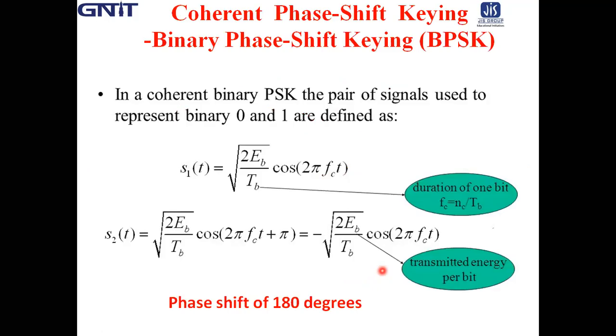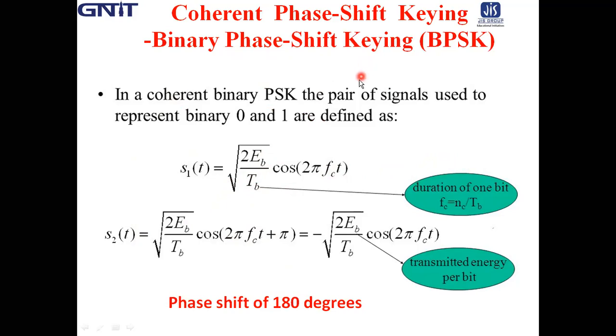In a coherent binary PSK system, the pair of signals S1(t) and S2(t) that are used to represent binary symbols 1 and 0 is defined as S1(t) equal to square root of 2EB by TB cos 2 pi FCT, say this is for symbol 1 and symbol 0. Obviously this is phase shift keying.